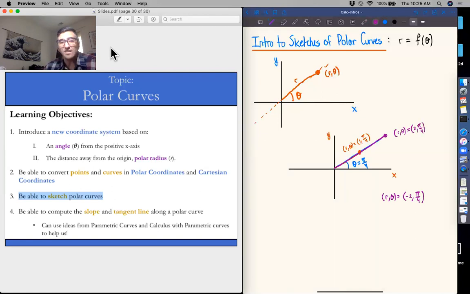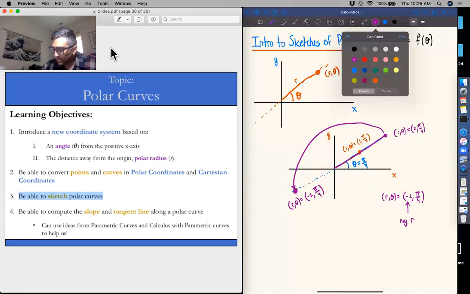Again, we're interested in negative 2, but because of that negative r value, what we do is reflect over the origin. At the same angle extended off of pi over 4, we just flip this point over the origin and land here. So this would be (-2, pi over 4). So that's the point we actually want down below.